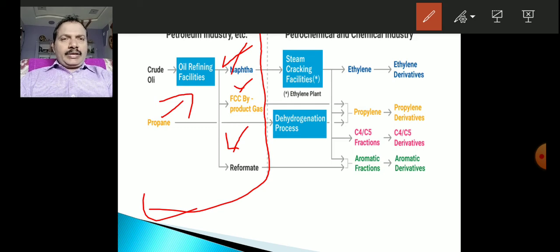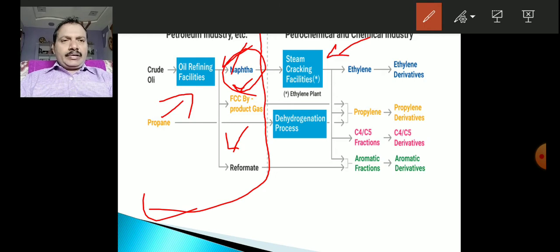And mostly this naphtha plays an important role. Most, 60 to 70% of petrochemicals are derived from naphtha. Here the naphtha is taken, and here we have the important section.